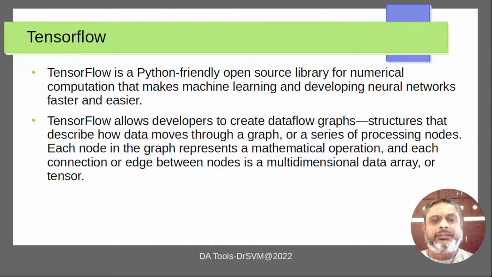Each node in this graph represents a mathematical operation, and each connection or edge between the nodes is a multi-dimensional data array, or a tensor. So the node in the graph represents a mathematical operation, whereas the edge between the nodes is a multi-dimensional data array, or a tensor.